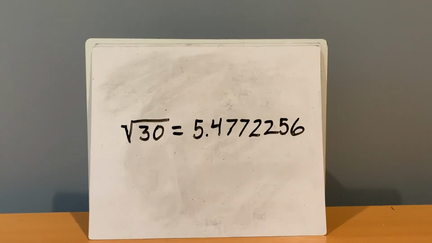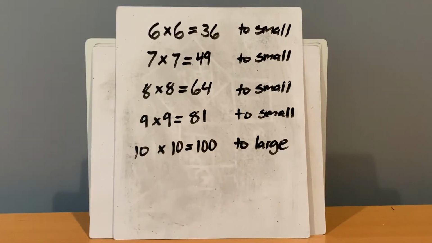Now, the square root of 90 is between two consecutive whole numbers. Now we begin again by guessing. 6 times 6 equals 36, so 6 is too small. 7 times 7 equals 49, so 7 is too small. 8 times 8 equals 64, so 8 is too small. 9 times 9 equals 81, so 9 is too small. 10 times 10 equals 100. 10 is too large.